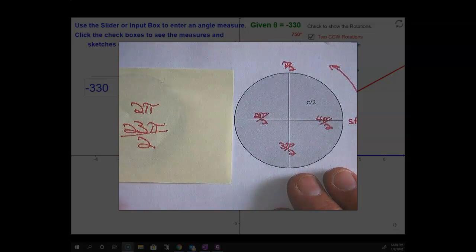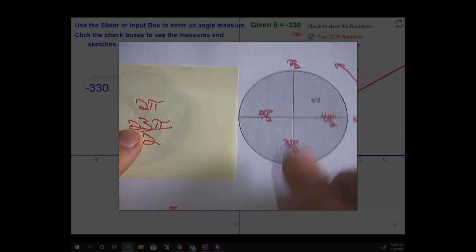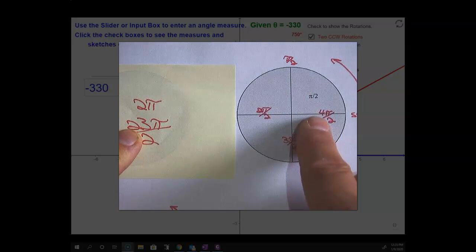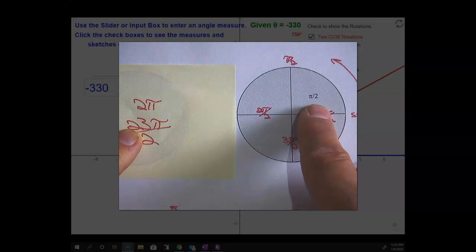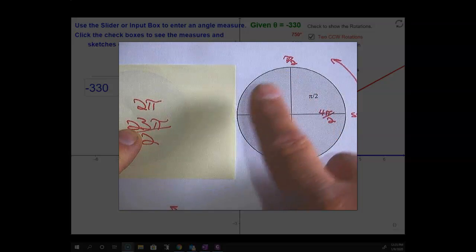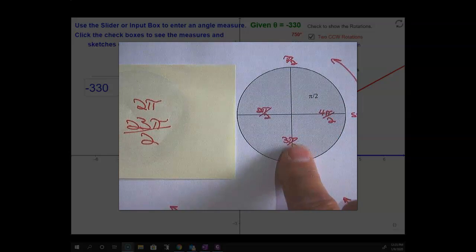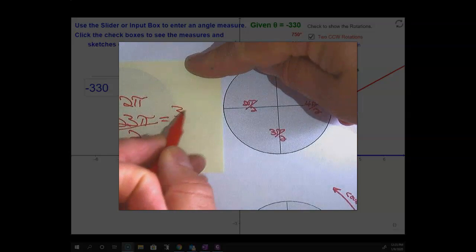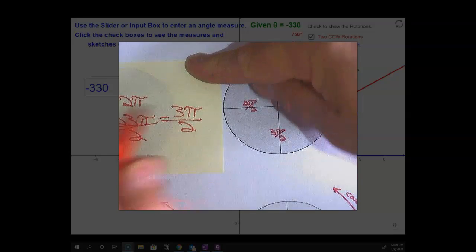So I want to count up to 23. So 4, 8, 12, 16, 20, 21, 22, 23. This would be coterminal with 3 pi over 2.